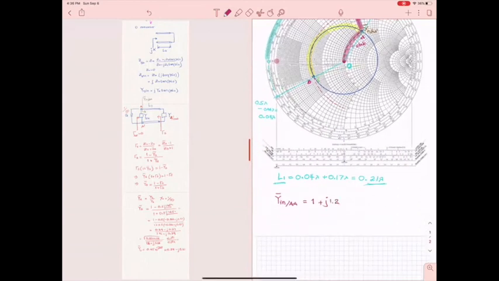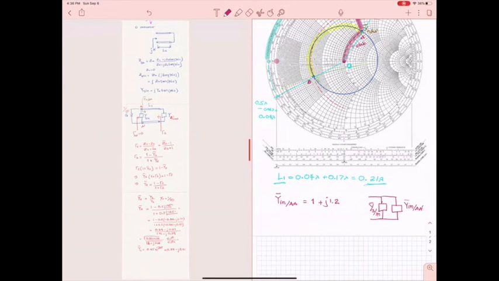And then at that point, we have the stub, the admittance of the stub, parallel to Y in AA prime, and this is the admittance of the stub normalized.